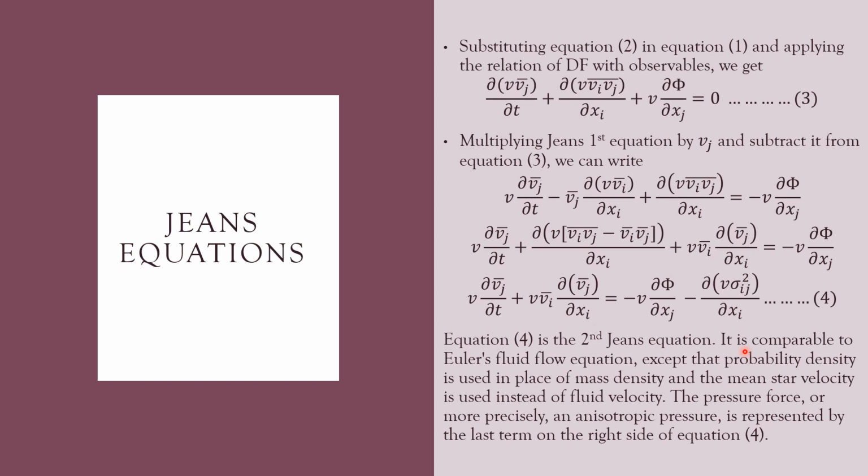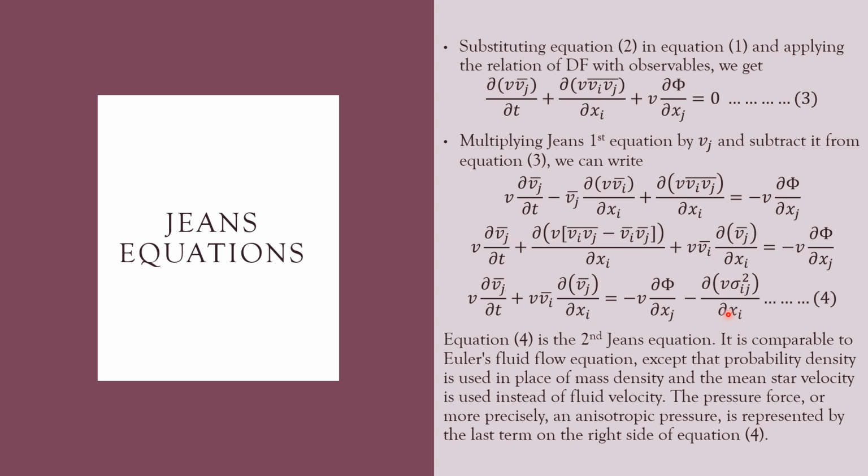The mean star velocity, v̄i, is employed instead of fluid velocity, underscoring the statistical properties of stellar distributions within these systems. The last term on the right side of equation 4 represents the pressure force, or more precisely, anisotropic pressure akin to the pressure gradient term in fluid dynamics.